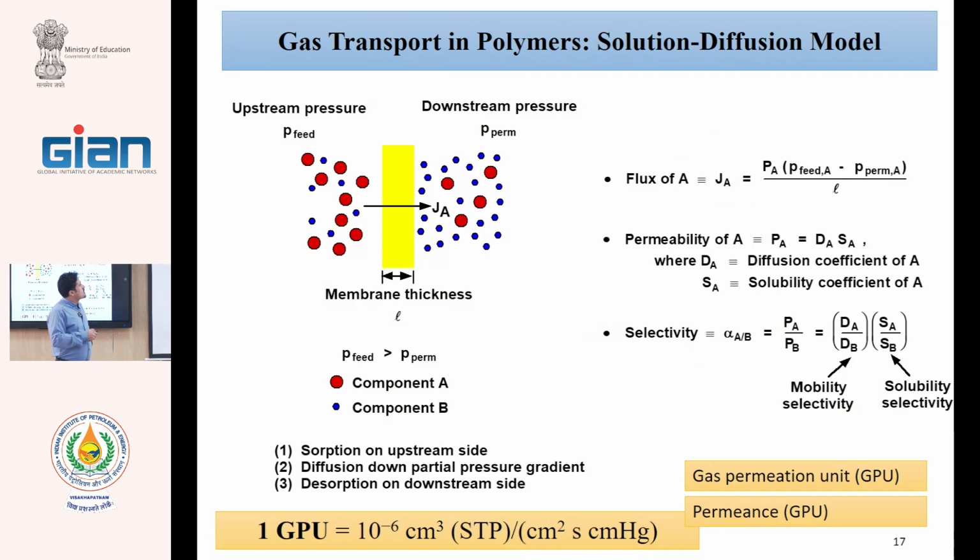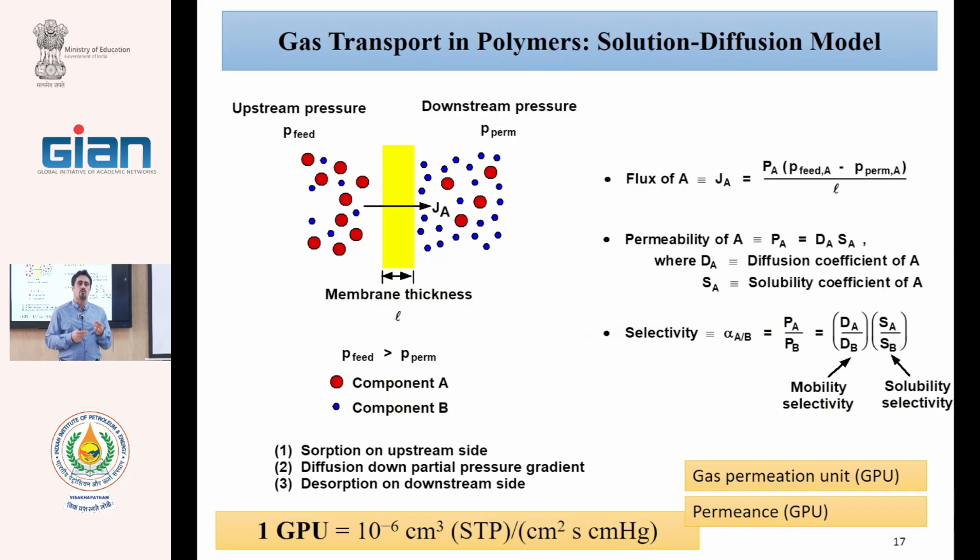About solution diffusion gas separation, before we discuss that, we have two important parameters. First, the molecule should be adsorbed on the membrane surface and be soluble in the polymer, and second, it should diffuse.